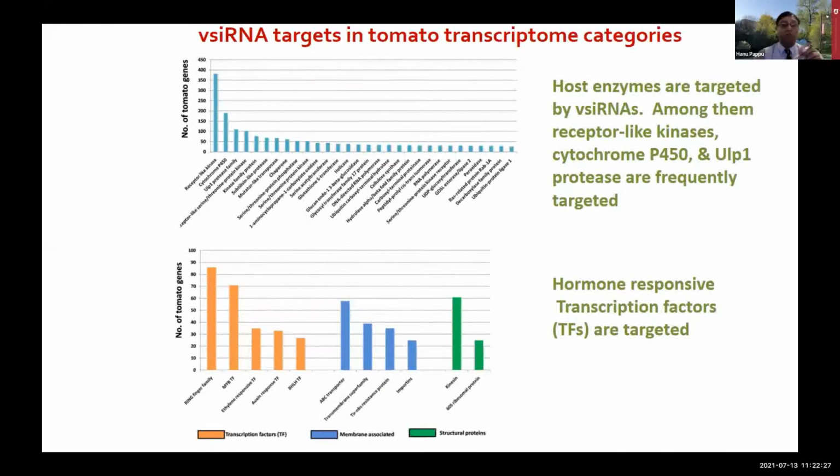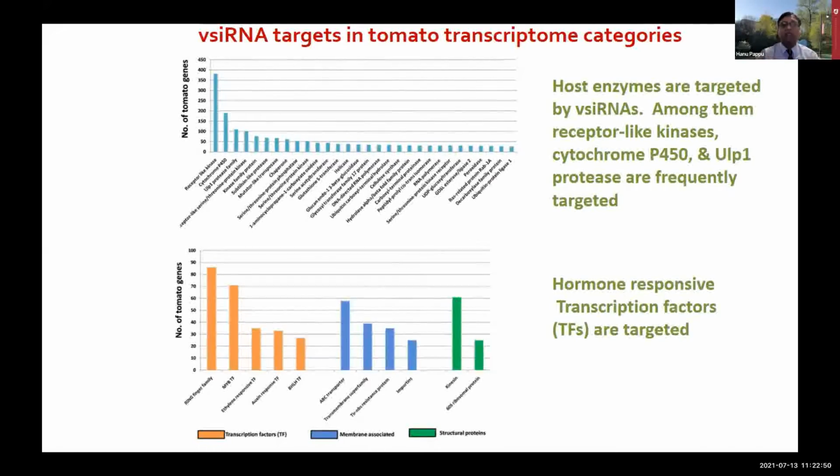Some of the viral small RNAs are targeting transcription factors in the tomato genome, and many of the hormone pathways, again upsetting the host metabolism, leading to what we see as symptoms. So now there is an increasing body of information about the basic mechanism of the symptoms that we see as a result of virus infection.